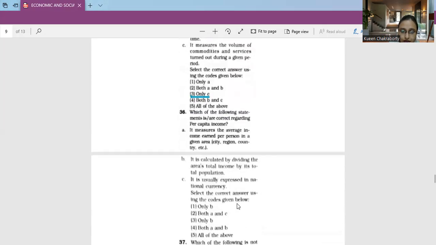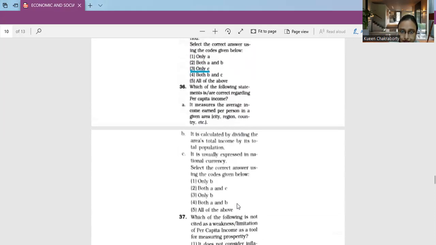Next, moving on to question number 36. Which of the following statements is or are correct regarding per capita income? Firstly, it measures the average income earned by a person in a given area. A given area can be a city, region, country, etc. Secondly, it is calculated by dividing the area's total income by its total population.